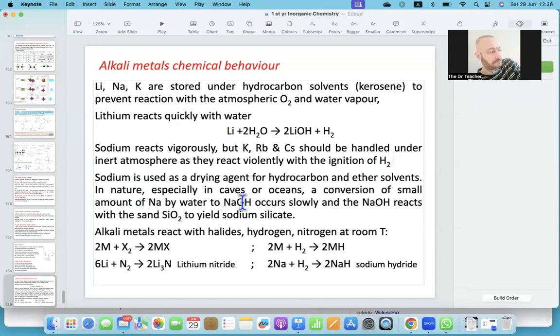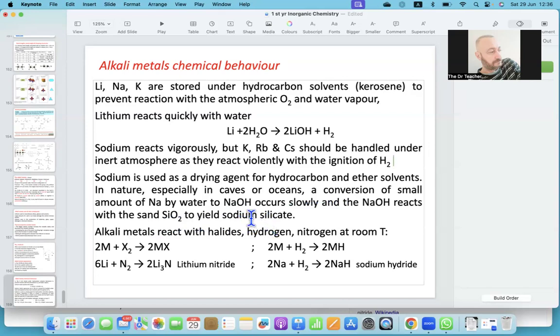In nature, especially in caves or oceans, conversion of a small amount of sodium by water to sodium hydroxide occurs slowly, and it could react with the silicon oxide to yield sodium silicate.